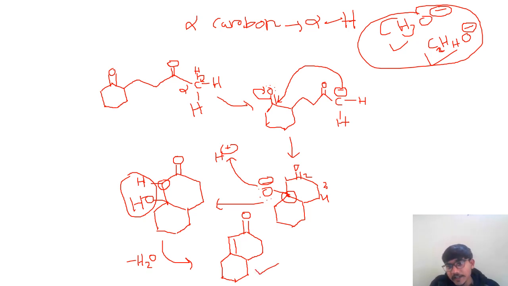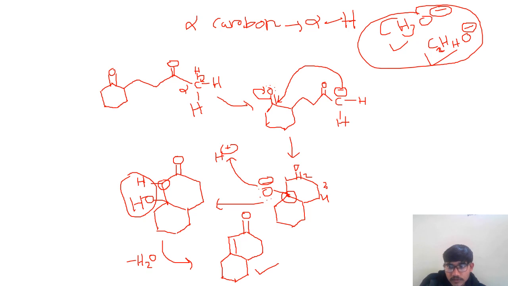I have explained this in so much detail because they sometimes ask you for a product. They will give you some compound, mostly an alpha beta unsaturated carbonyl compound and a carbonyl compound, and they will ask what the product of this reaction will be by the Robinson annulation. That's why I have explained it in detail.